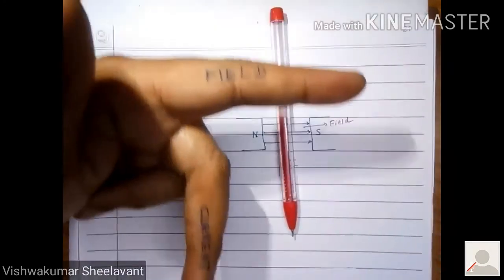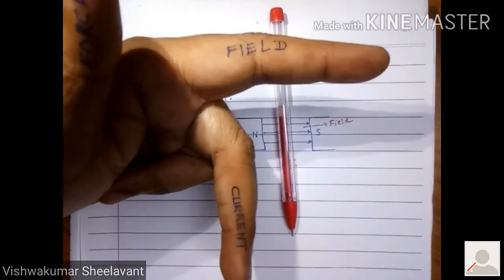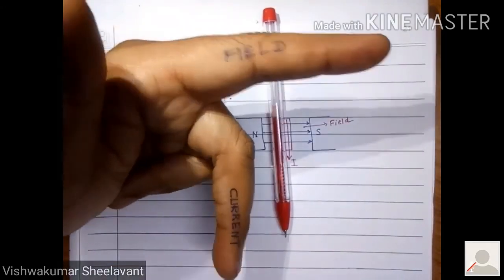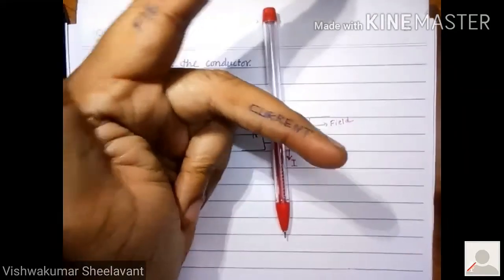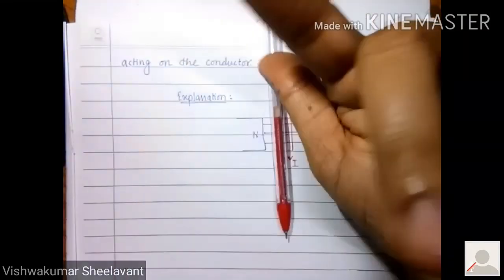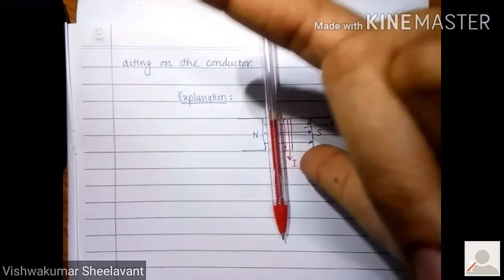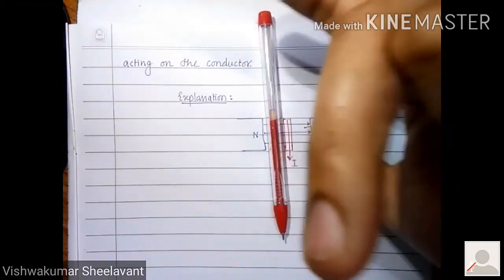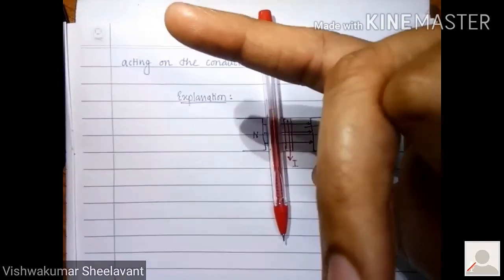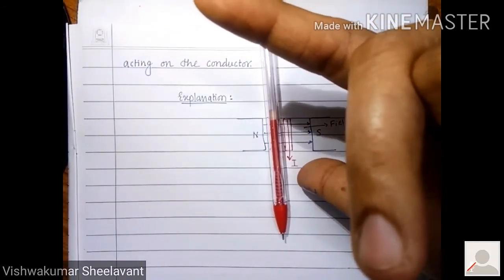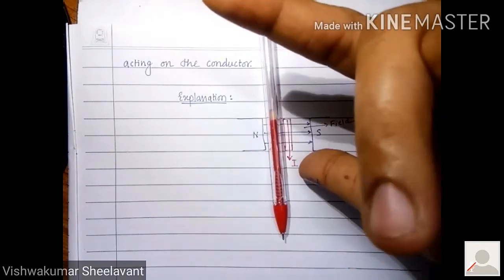Current should be flowing downward, field should be reversed. That means you have to turn it like this. Now where is thumb? Thumb is again pointing downward only.